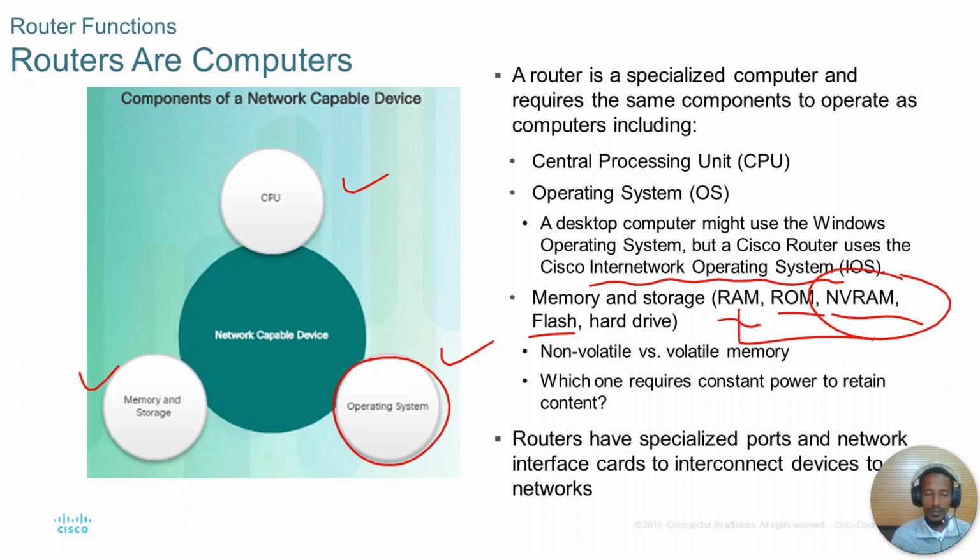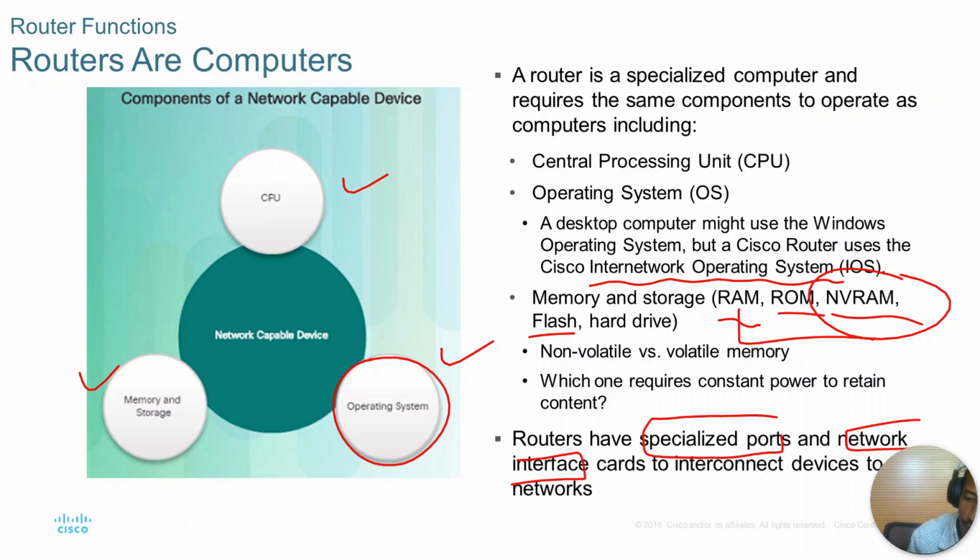Another concept, which we will cover in detail, is that routers have different specialized ports and different network interfaces. Ports are a mechanism that enables the router to communicate with other devices. Let me give you an example.